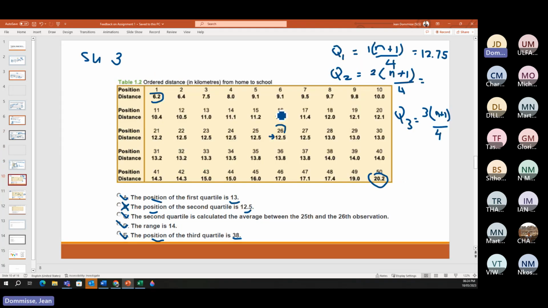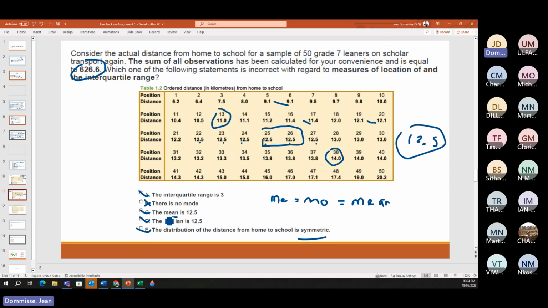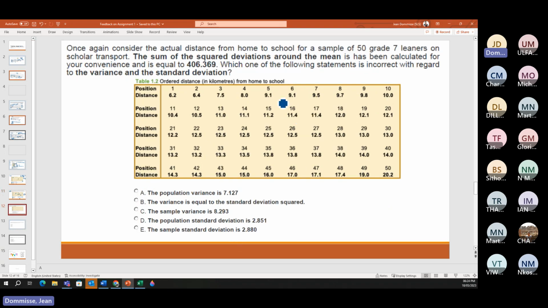They tested that you can look at Q1, Q2, and Q3. They tested everything around central location or central tendency. And then they ask you the fourth one on dispersion.